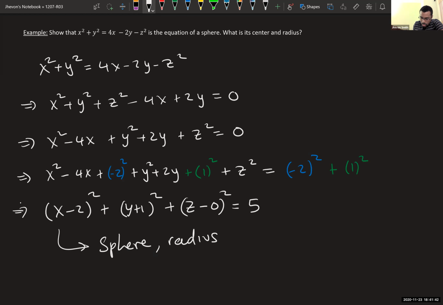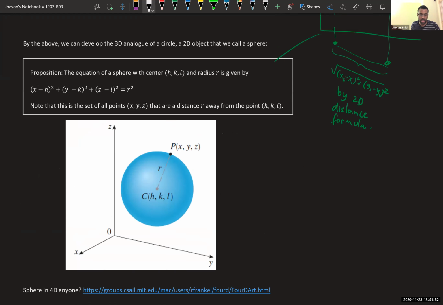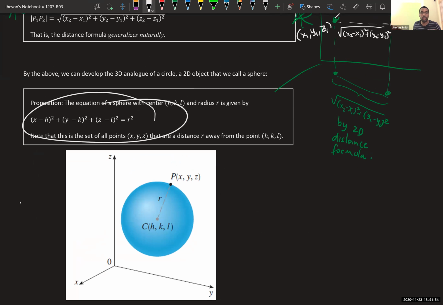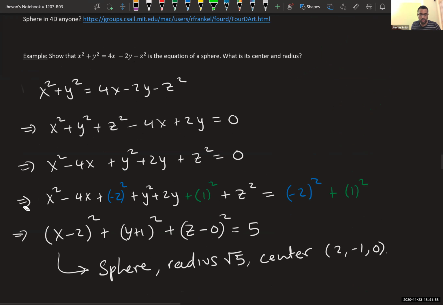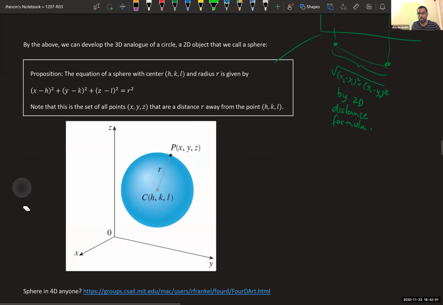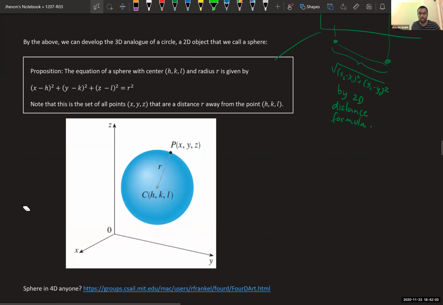Radius radical 5, center 2, minus 1, 0. And you know that just by matching it up with this equation right here. So spheres have this form, right? So it's like a generalized circle. You now have a z component squared attached to it.